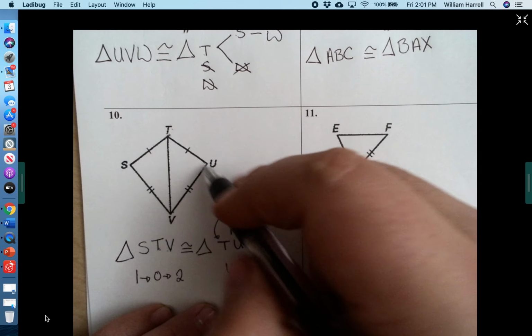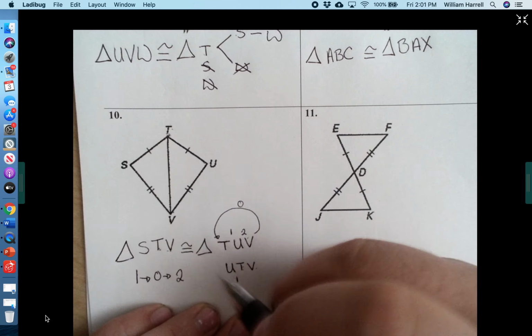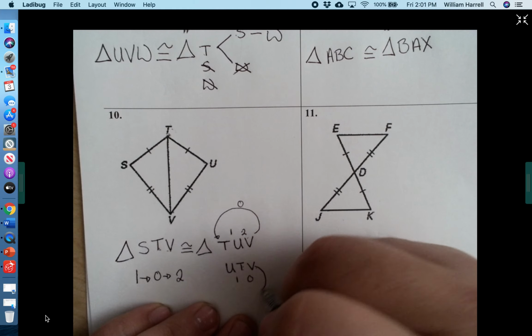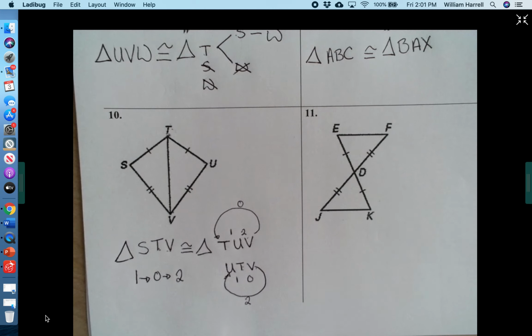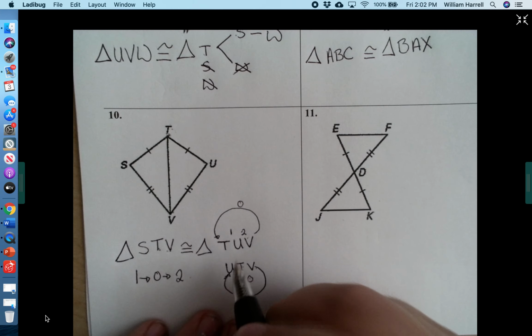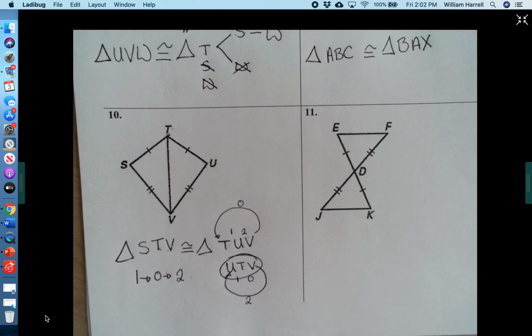U to T was 1, T to V was 0, and then V all the way back to U was 2. So which one of these goes in order from 1 mark, no marks, 2 marks? It's going to be triangle UTV, and that's my answer.